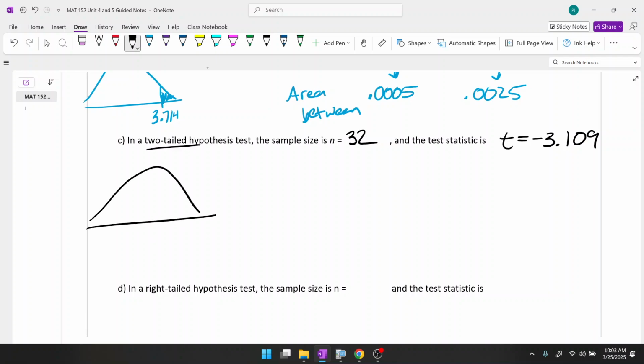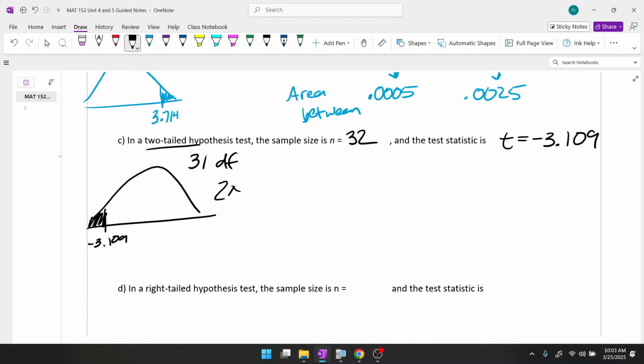In a two-tailed test, your t can be both positive and negative. I mean, positive or negative for that test statistic. So what we're going to do here basically is if we did negative 3.109, this is 31 degrees of freedom.